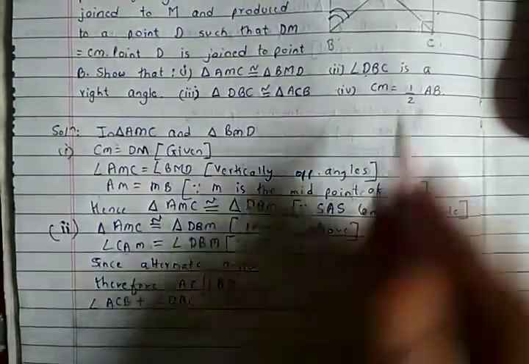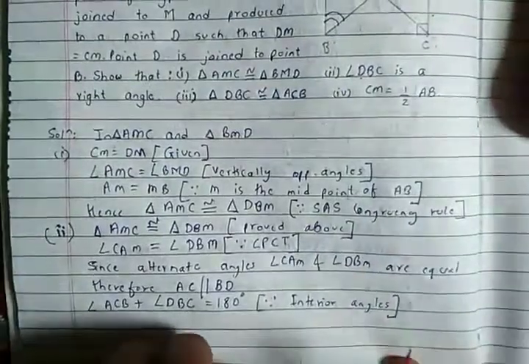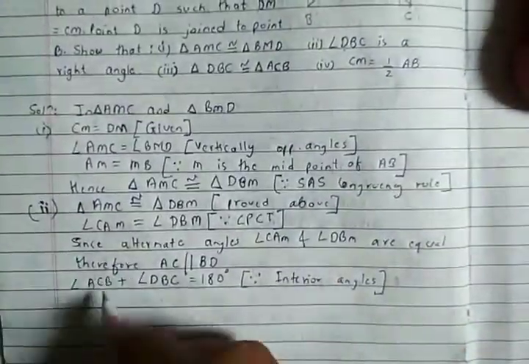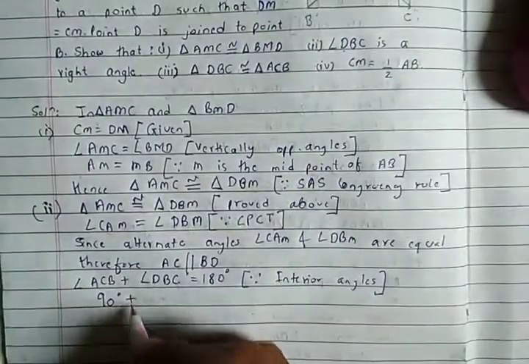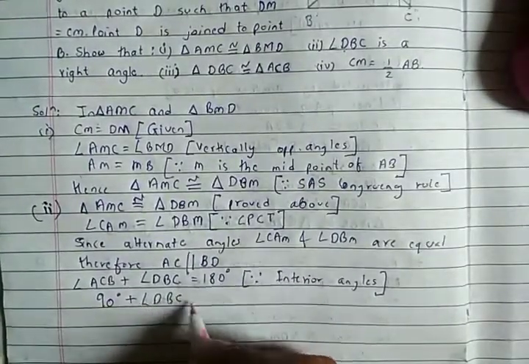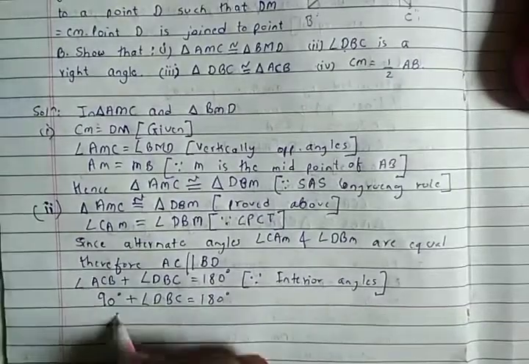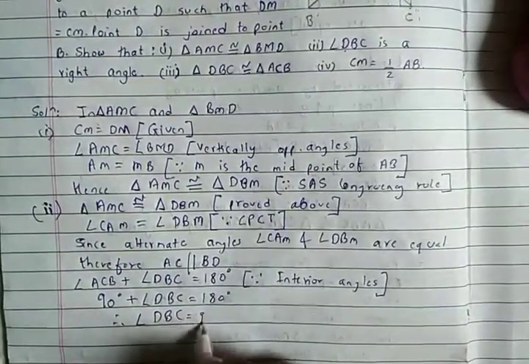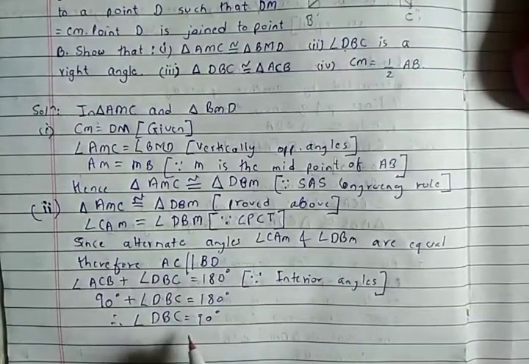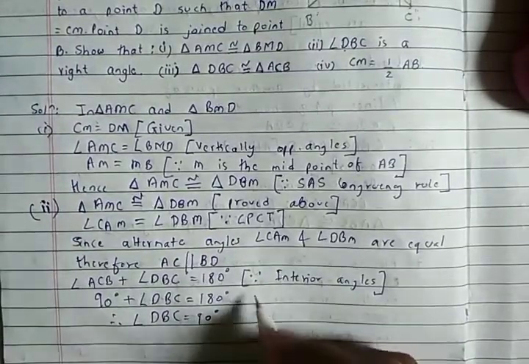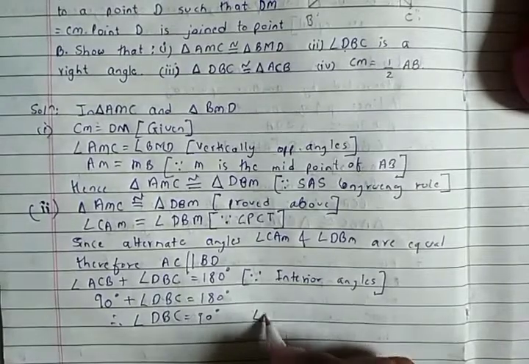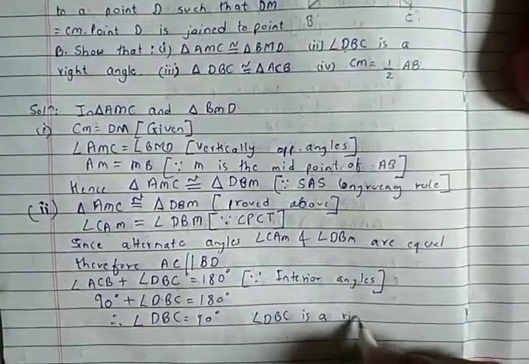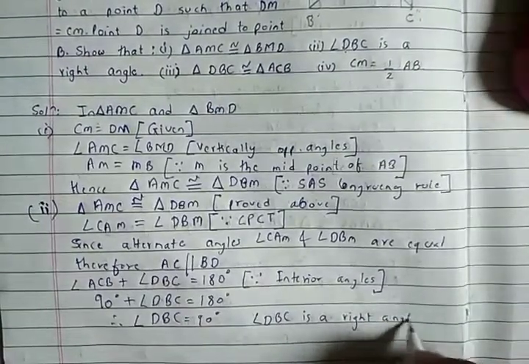Now since the value of ACB is given, it is 90 degrees. It is a right angle triangle. So the measurement is 90 degrees plus angle DBC equal to 180. So when we solve this, we will get the value of angle DBC as 90 degrees. So the second part also we have proved. When it is 90 degrees, you can say that angle DBC is a right angle, right?